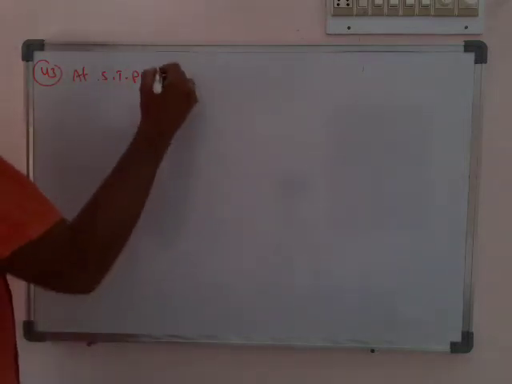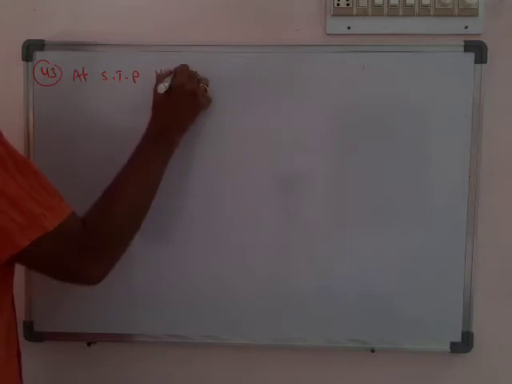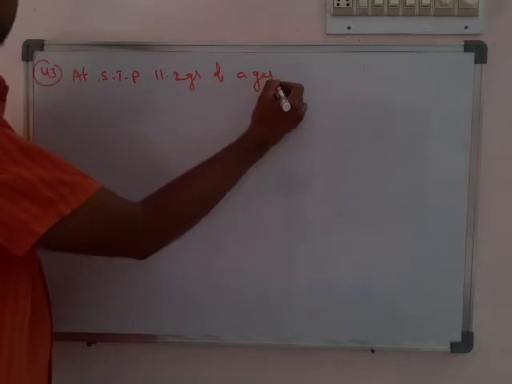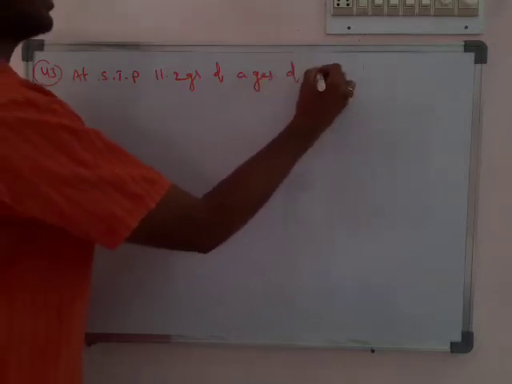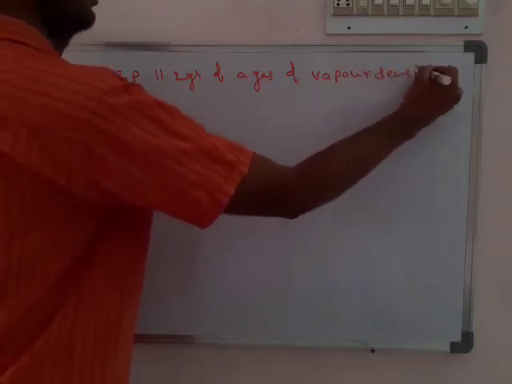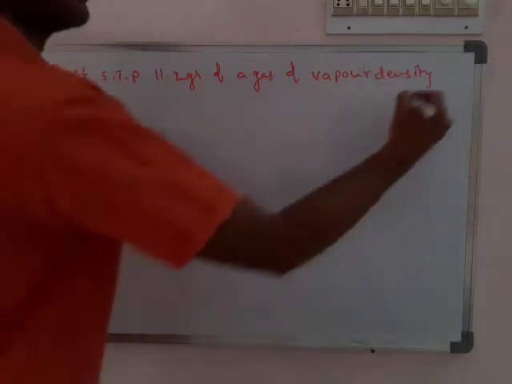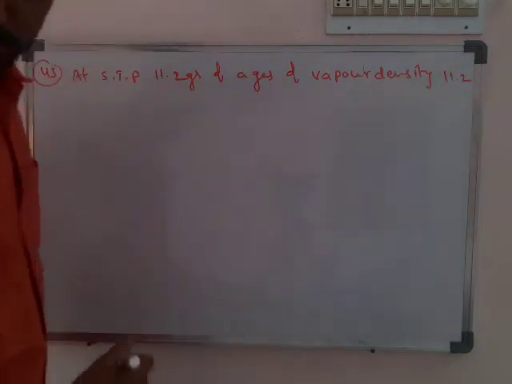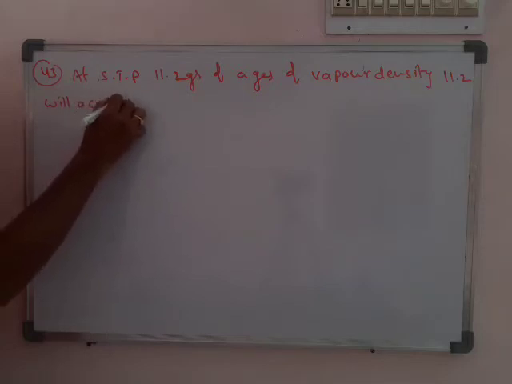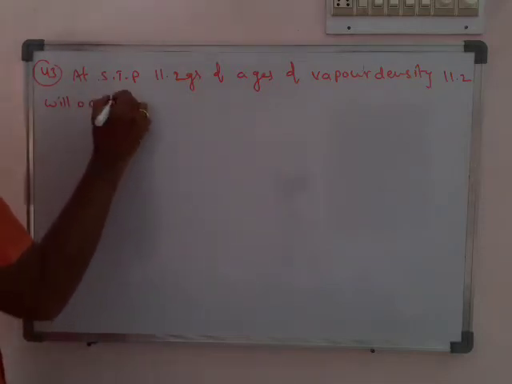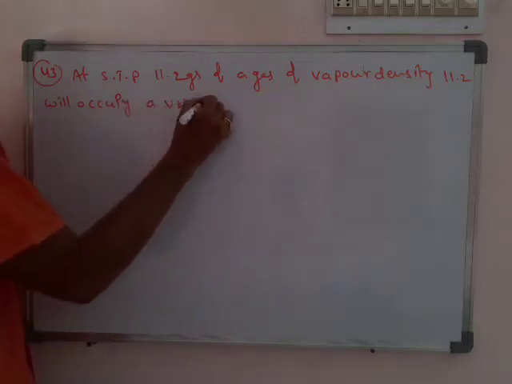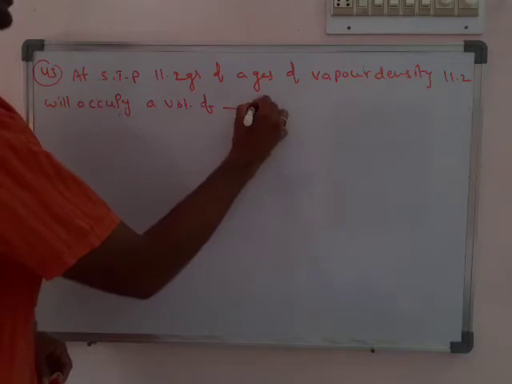At STP, 11.2 grams of a gas of vapor density, here's an important one, of vapor density also given 11.2, will occupy a volume of dash liters.